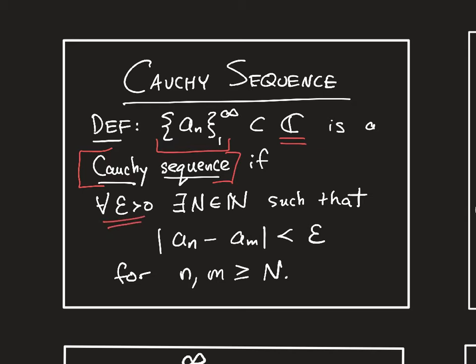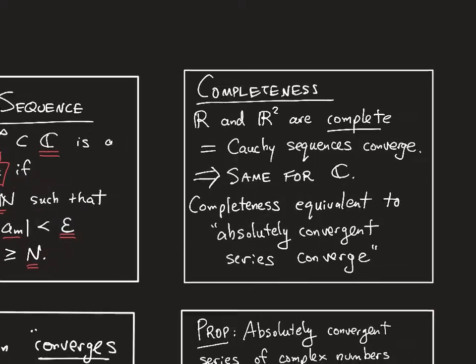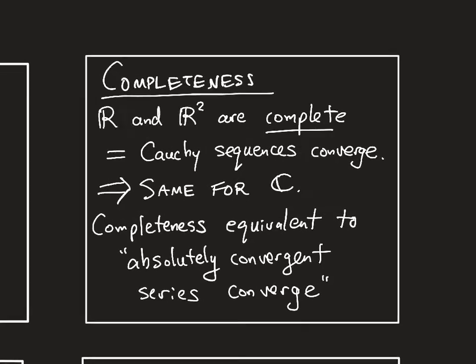So for every epsilon, there exists a natural number N such that a_n and a_m are close for n and m past this big N. So if you go far enough out, they all start clustering. And we need Cauchy sequences to define completeness.